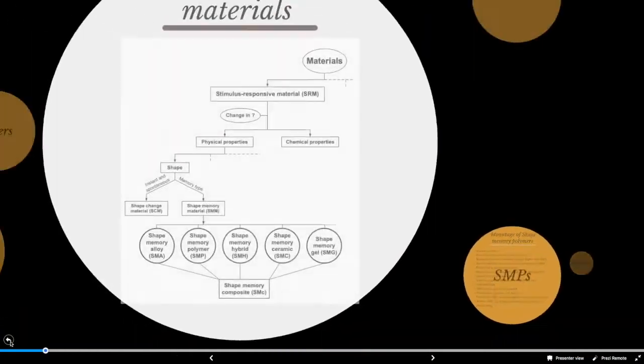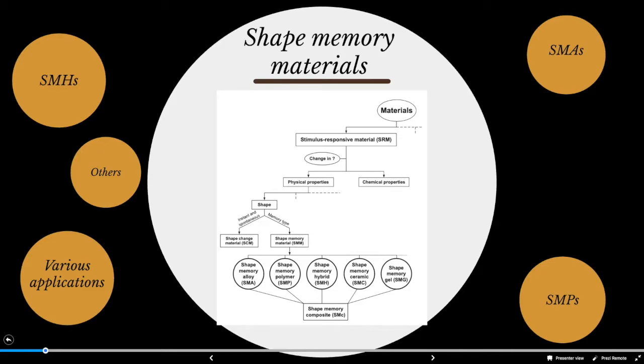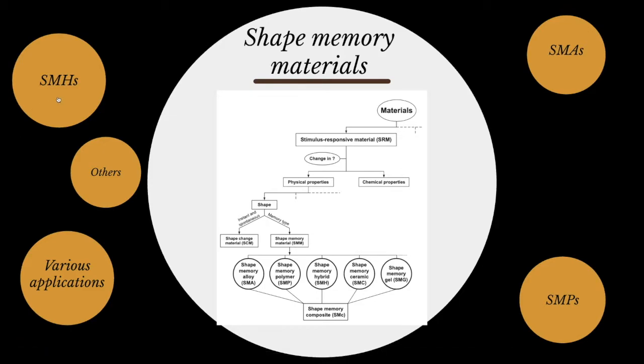That's the shape memory polymers. And then I will only discuss the alloy, polymer, and then the hybrid. The ceramic and gel, I think, were already covered in the early classes.